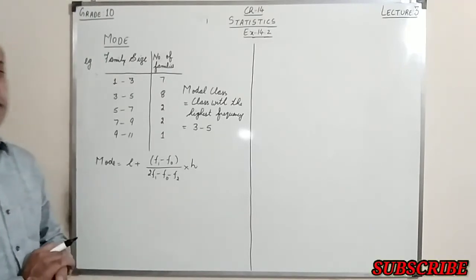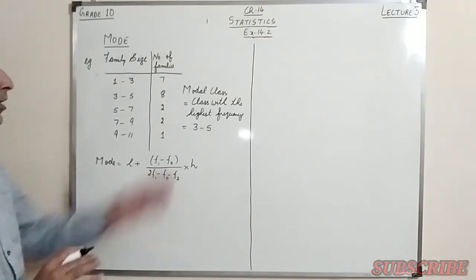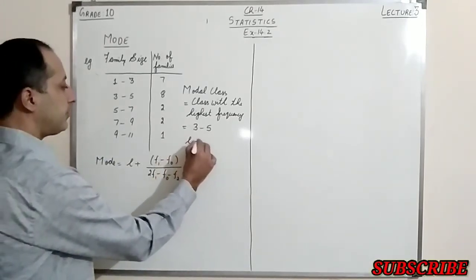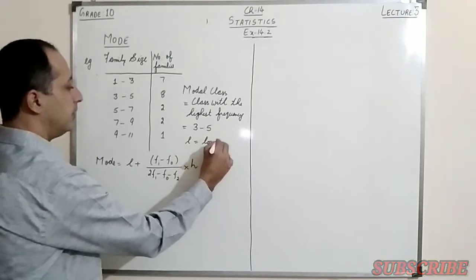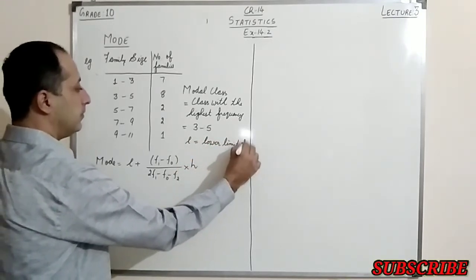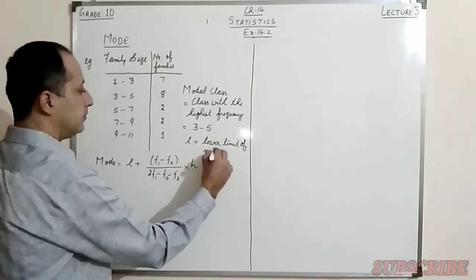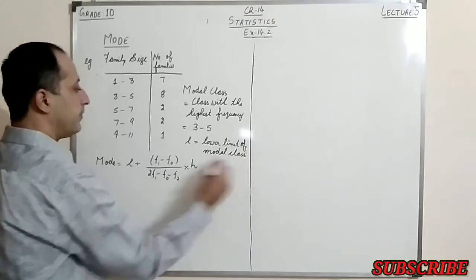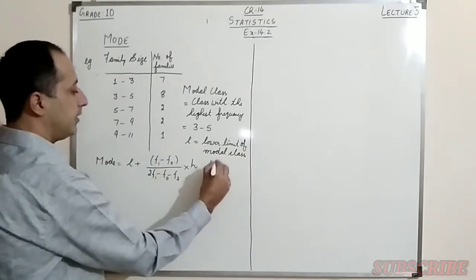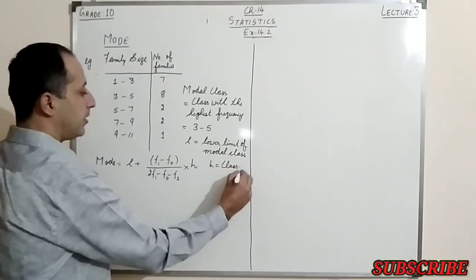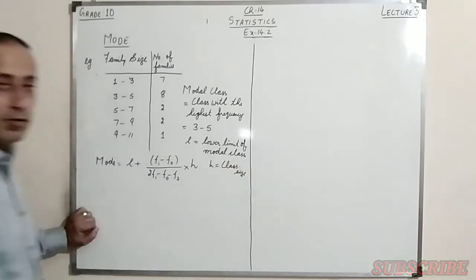L signifies the lower limit of the modal class. H is the class size, as we have studied previously also.